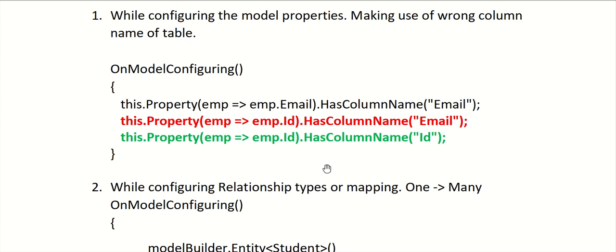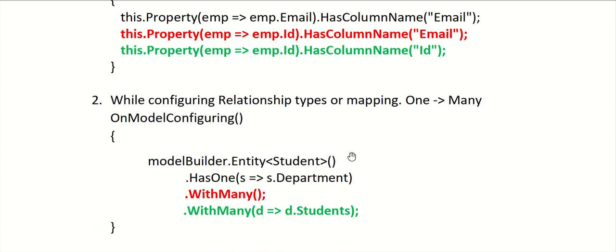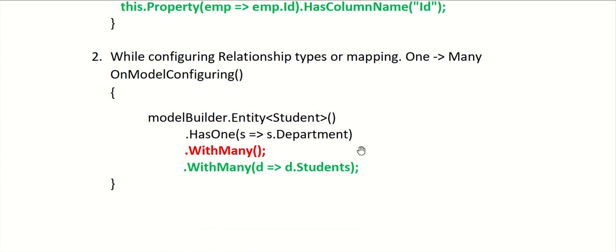They should match basically. Okay, second is while configuring relationship types or mappings, like one to many. So imagine there is a relationship between the student and department tables. The student table references department.